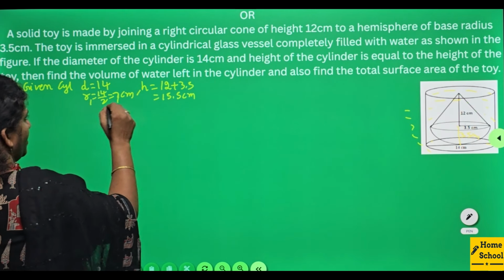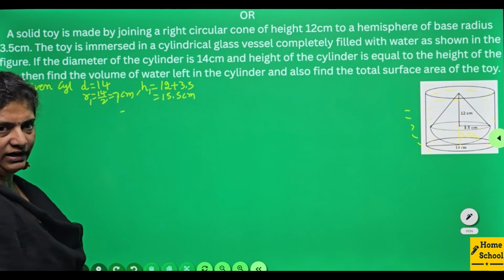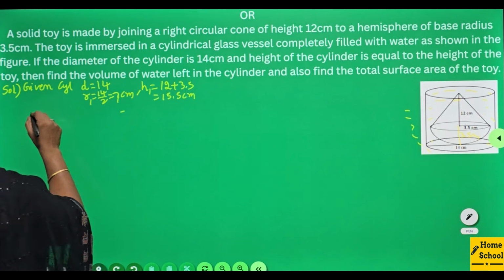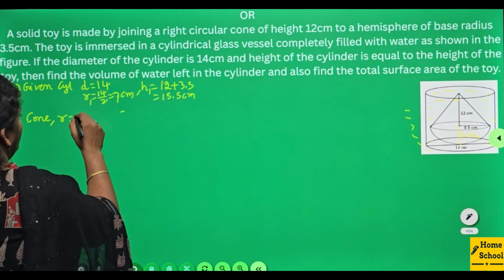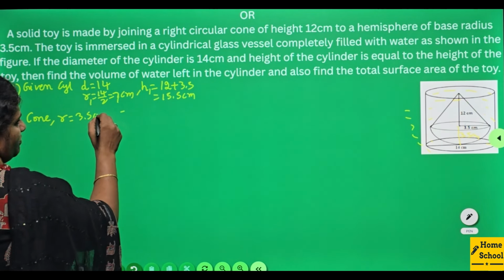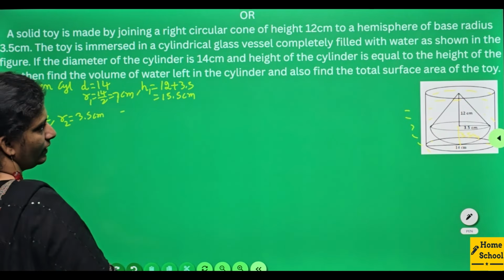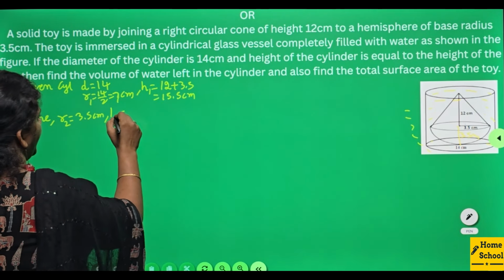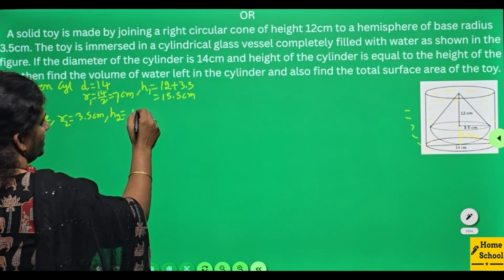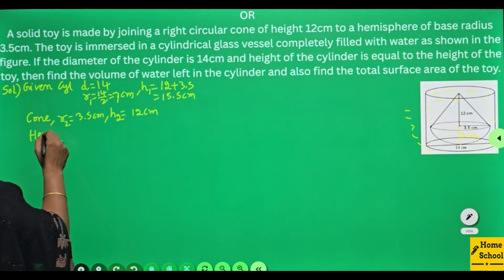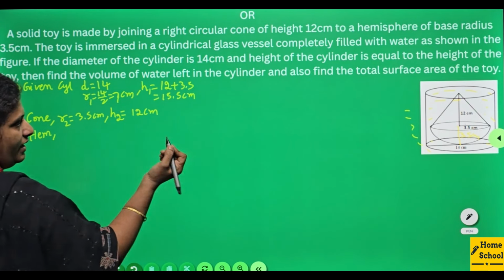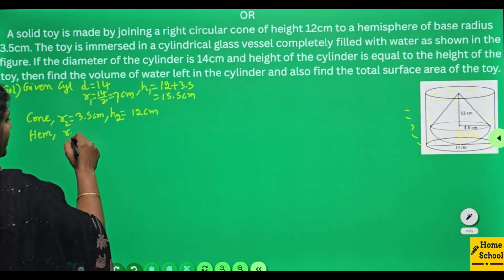This radius R1, height H1 I will take. Now next solid, cone. Cone radius is equal to 3.5 centimeters. This is R2. And its height H2 is equal to 12 centimeters. Then another solid is hemisphere. Radius is same. So let me take it as same.